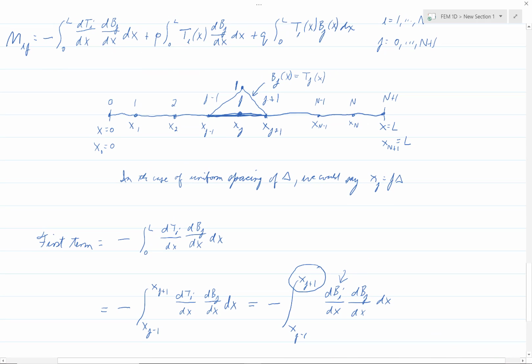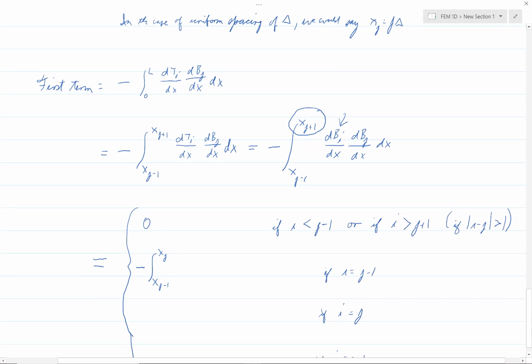Here's an example of bi equal to bj minus 1. So if i is equal to j minus 1, then we have a picture like this, and we see that the overlap just goes from xj minus 1 to xj, because bj minus 1 does not extend beyond xj.